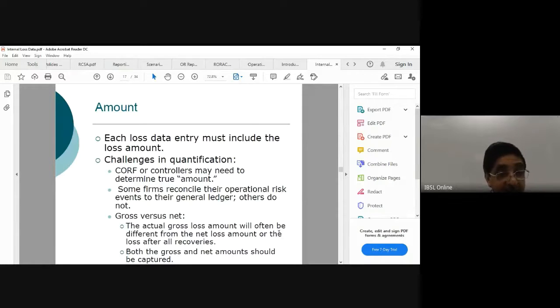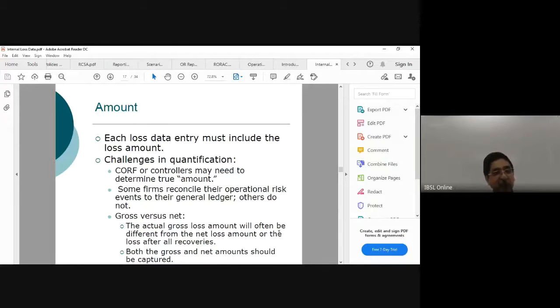Now you can see each loss data entry must include the loss amount. I think this is a little challenging activity, because it is not that easy for anyone to tell the amount of loss at a certain point. There are some losses incurred, but there can be a higher loss at a later stage.